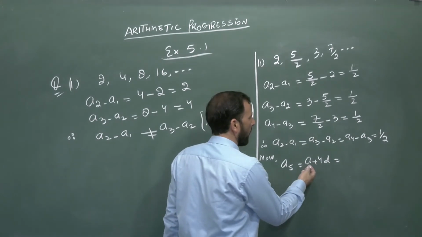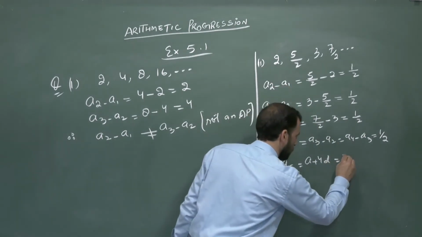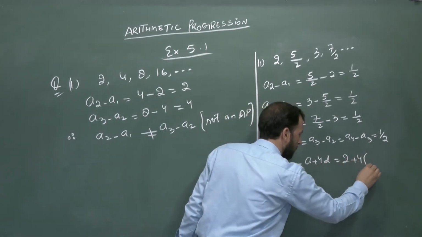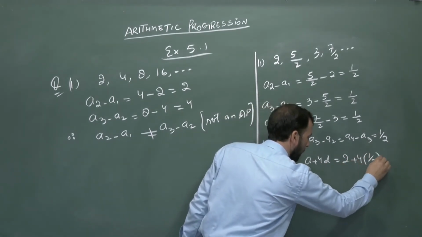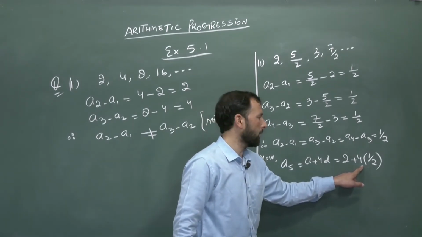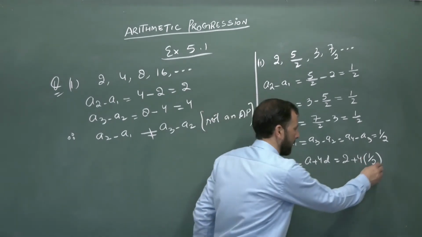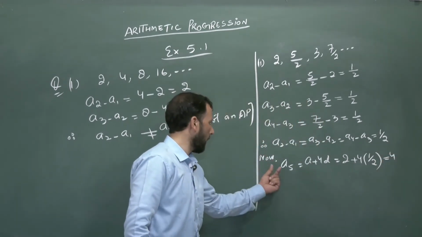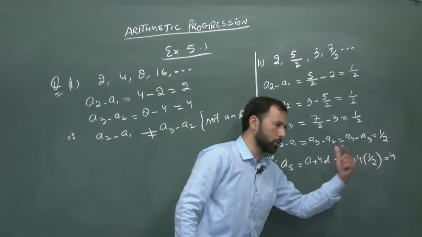What is the value of A? A is first term, it is 2, plus 4D, 4 into D is 1 upon 2. When we simplify, we get 2 and 4 cancellation here. It becomes 2 plus 2, that equals to 4. Then the fifth term of this AP equals to 4.